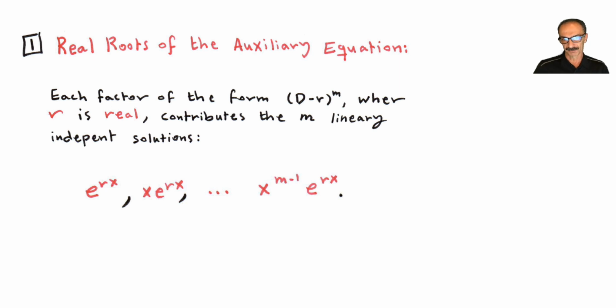When r is a real root, you go from e^(rx), x e^(rx), all the way to x^(m−1) e^(rx). So this is x to the power 0. If you start counting how many terms, x to the power 1 all the way to x to the power m − 1, from 0 to m − 1, it's m terms.